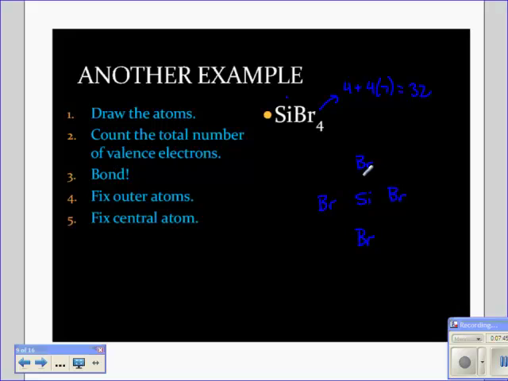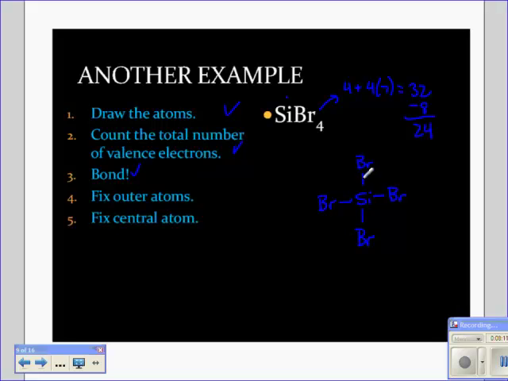First thing I do is I bond, bond, bond, bond. That's 2, 4, 6, 8 electrons that I just put in bonds, leaving me with 24 left over. So that's step 3. Step 4, fix the outer ones. Bromine is not hydrogen, so bromine doesn't want 2, it wants 8.